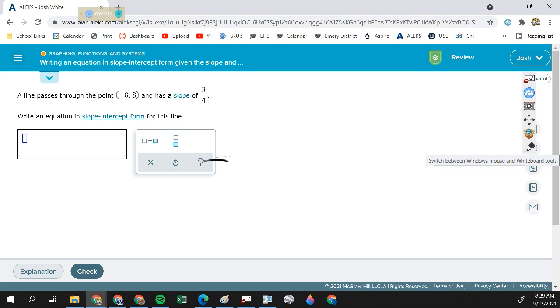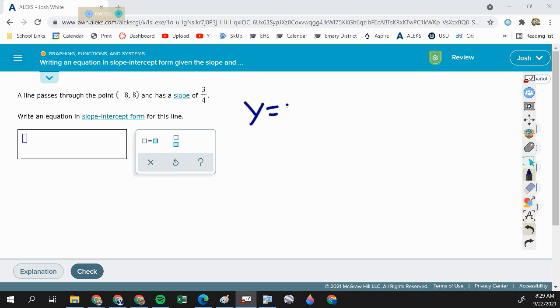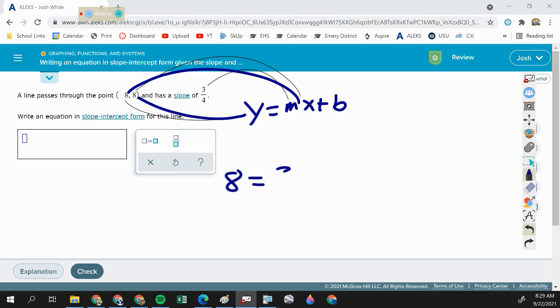All right. We know the slope of the line is 3/4, and we know that it hits the point (-8, 8). So we will use the slope-intercept equation, and we're going to plug in everything we know to find b. So the slope goes there, the x, and the y. Oh, I got that backwards. So how about this and that? That looks better. 8 equals 3/4 times -8 plus b.